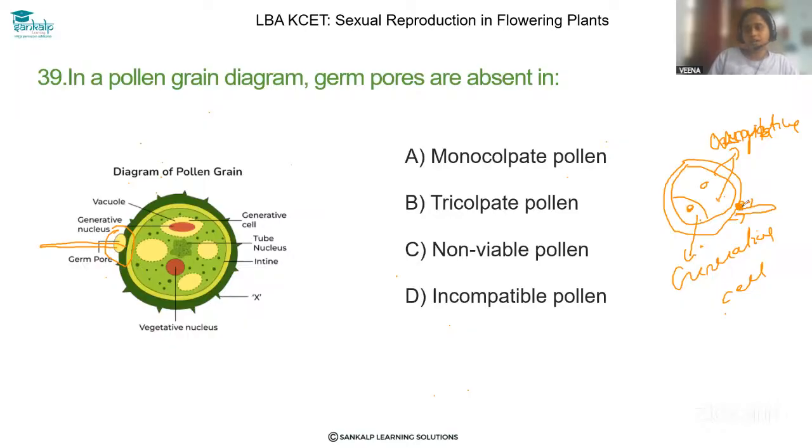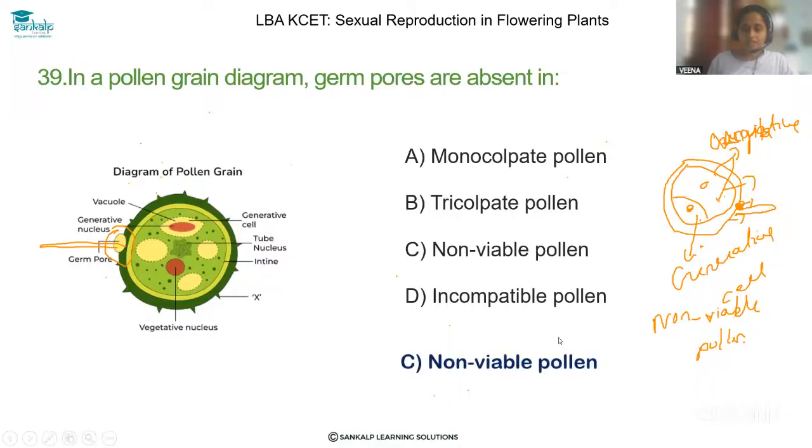That's why this type of pollen grain is called non-viable pollen. The correct answer is option C, non-viable pollen.